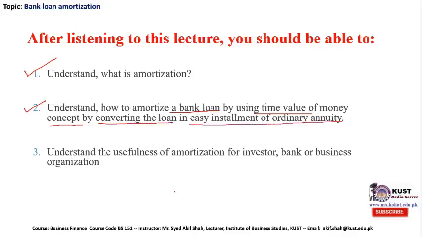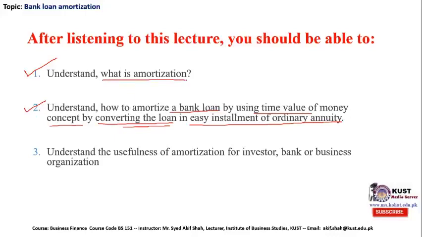It means that after taking a bank loan from any bank, the bank usually asks you to pay an equal monthly installment or equal annual installment at the end of each year. In that case, the bank actually transforms or converts the principal amount of the loan into easy installments of ordinary annuity, which we will discuss shortly in this lecture.